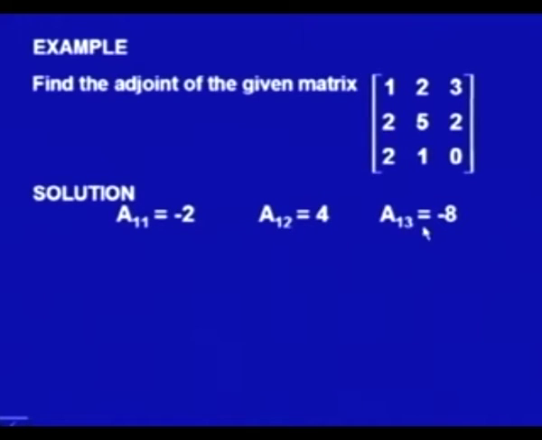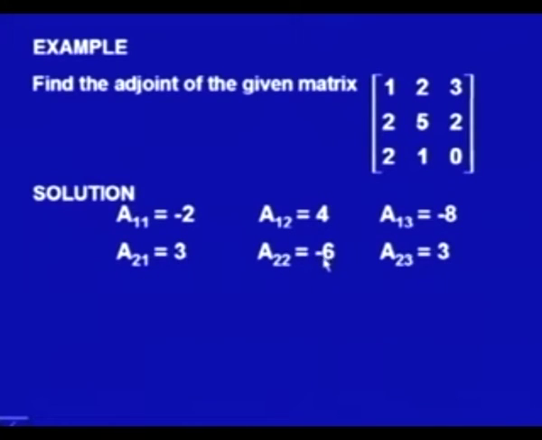Now, A13 is this determinant with plus sign. So, it is 2 minus 10, it comes out to be minus 8. Similarly, one can compute A21 as 3. A21 means the cofactor of this element, which is 2 into 0 minus 3 into 1 multiplied by minus 1, that makes it 3.